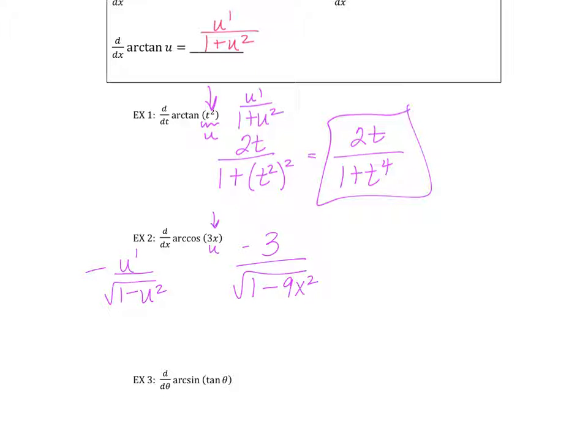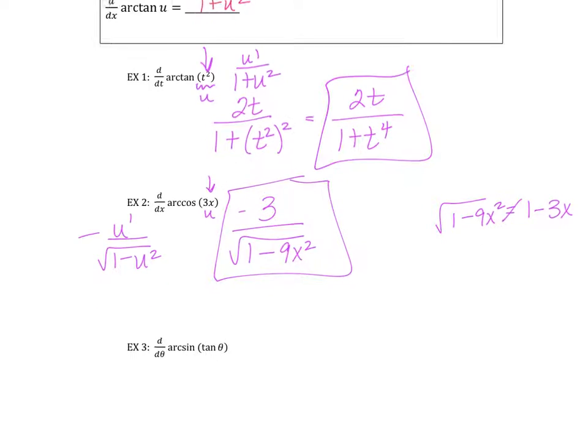That's a 3, slap a negative, and it's just that fast. And you certainly would not say that the square root of 1 minus 9x squared is 1 minus or plus 3x. You would never say such mathematically horrific things. So you just leave it like that.